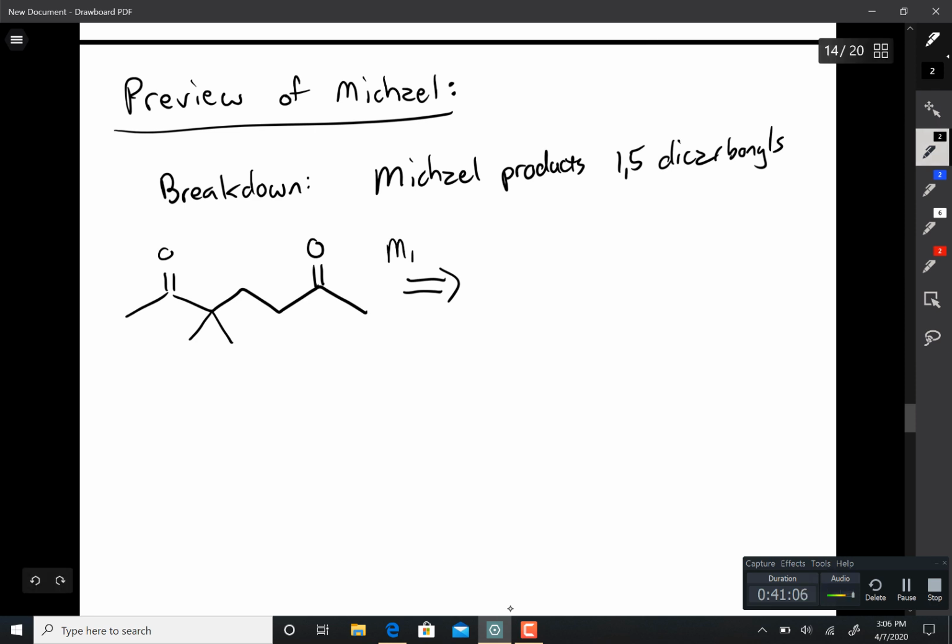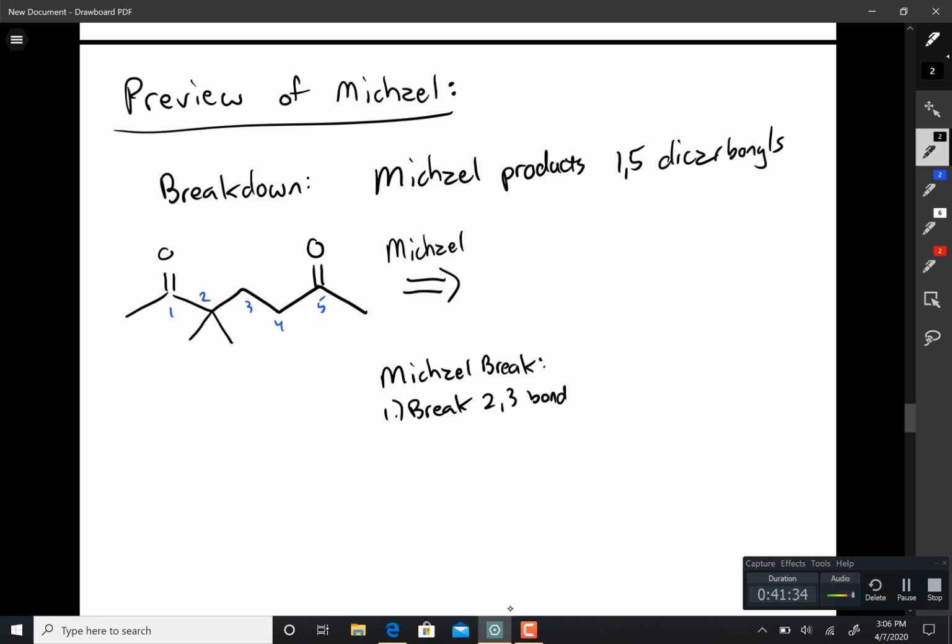And the way you break down a Michael is you break the 2,3 bond. This is just like the Claisen breakdown and just like the aldol breakdown.